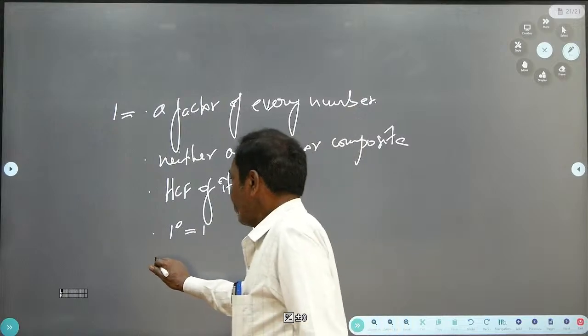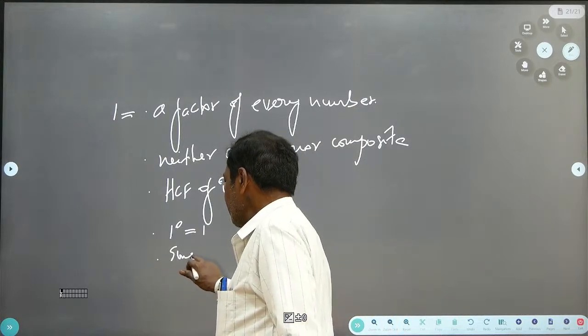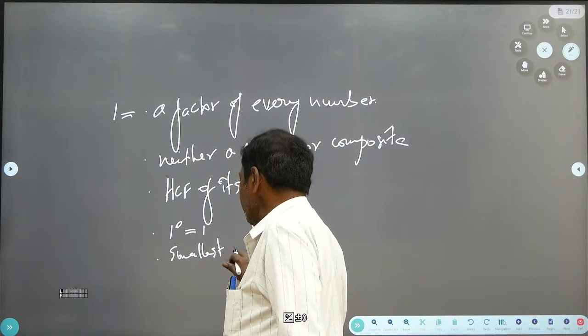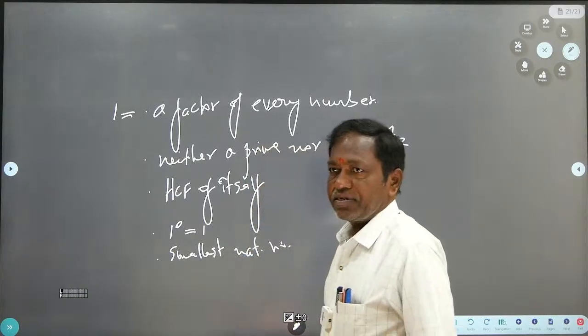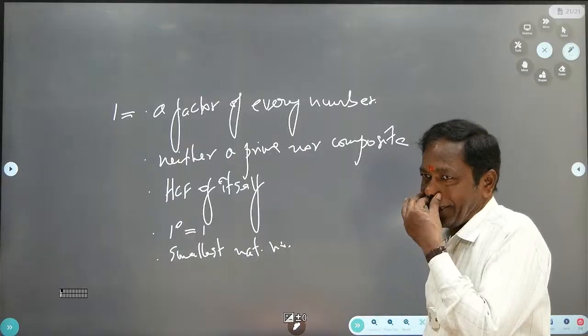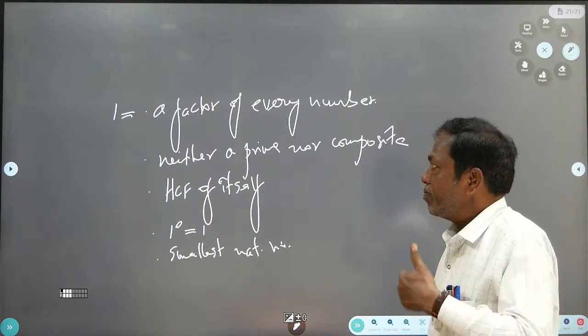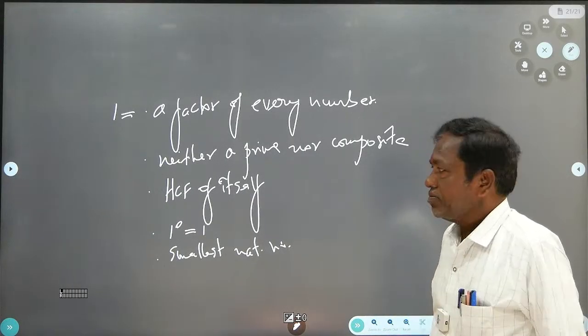Yes, wonderful. Smallest natural number. That's right. Next, any other properties possible for 1?